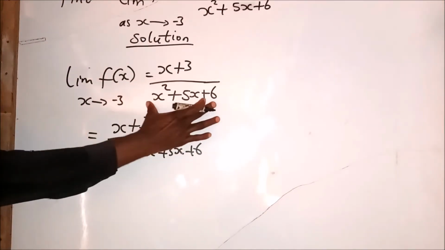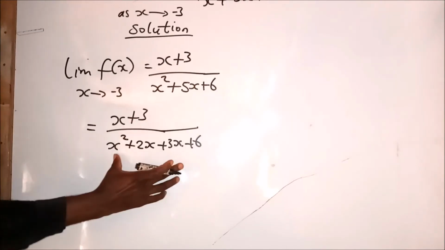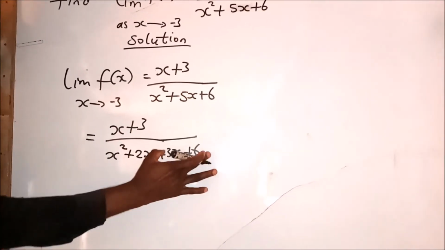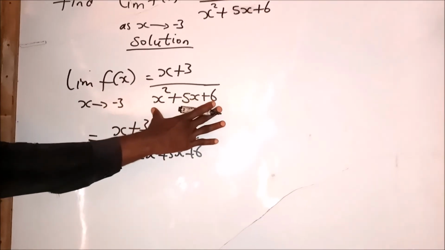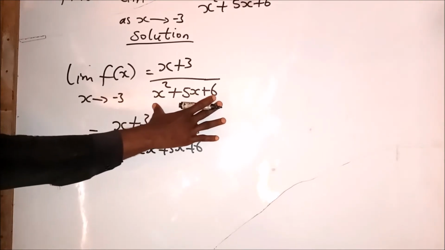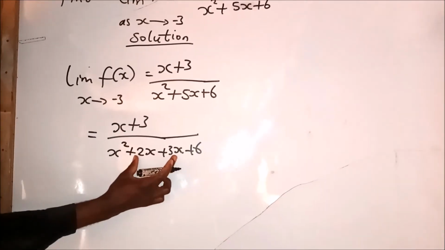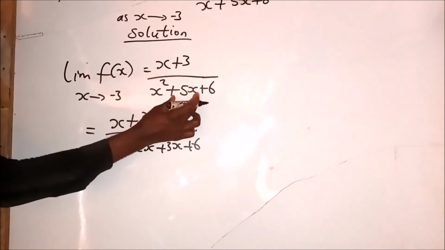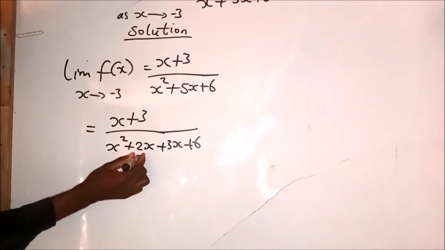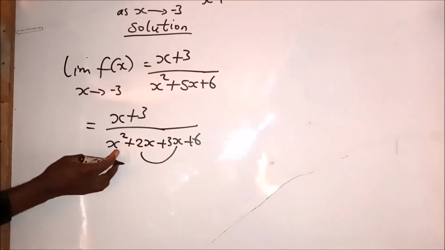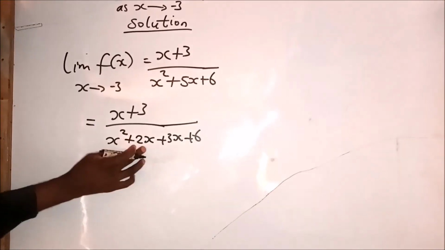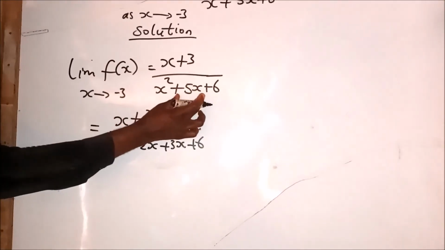So this particular quadratic expression here, we are going to replace with this. That is, solving this as a quadratic equation using the factorization method, we are going to get these two factors which, when added, give us 5x, but when multiplied, give us 6x squared. So 2x and 3x will now replace 5x.